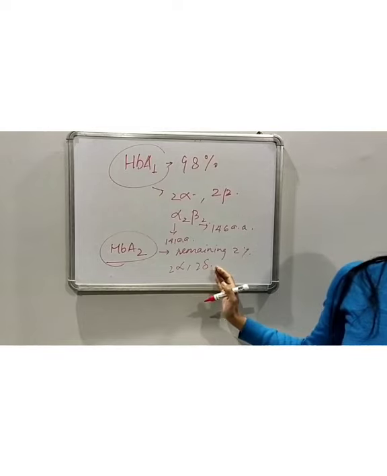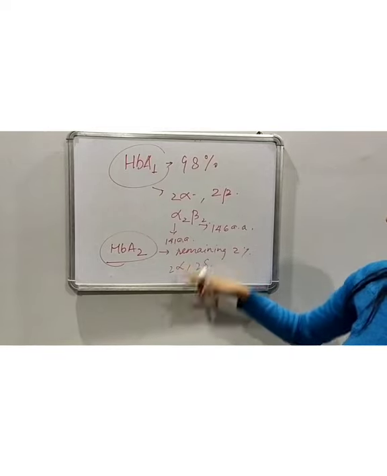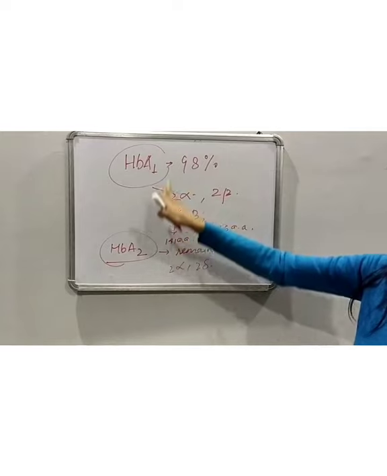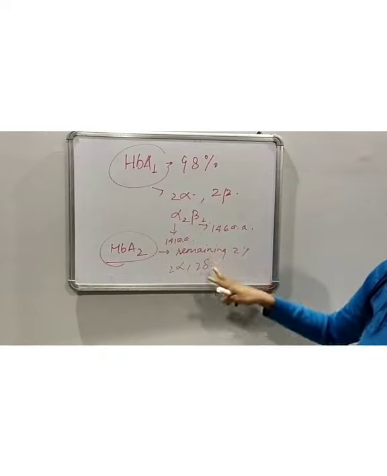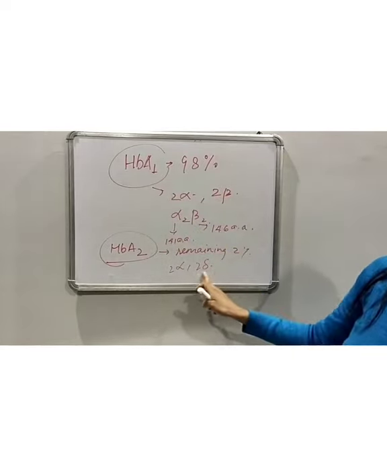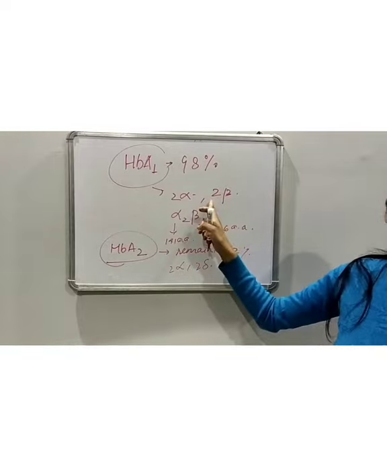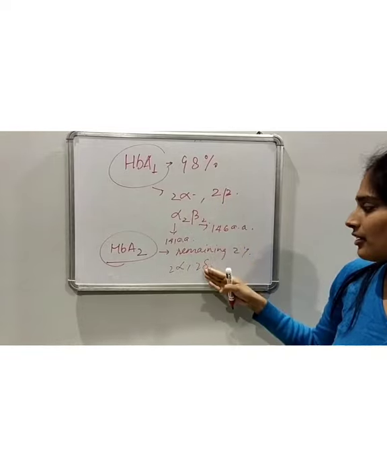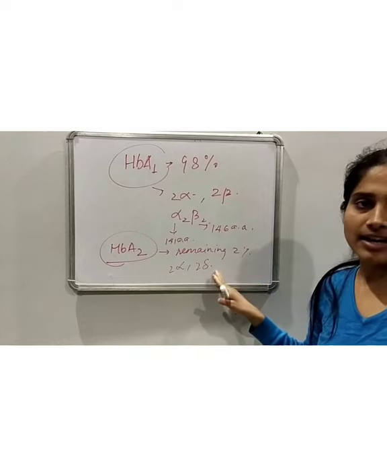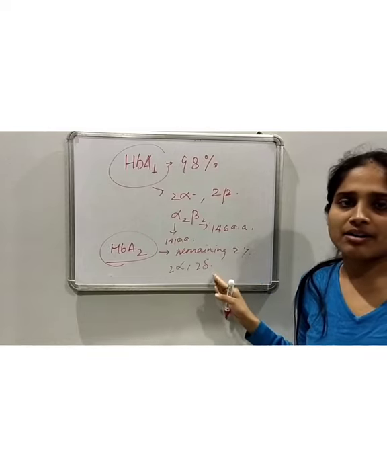So this delta chain, the alpha chain is very similar to the one present in HbA1, but the delta chain is almost similar to the beta chain. The difference between the beta and the delta chains is 5 amino acid residues.